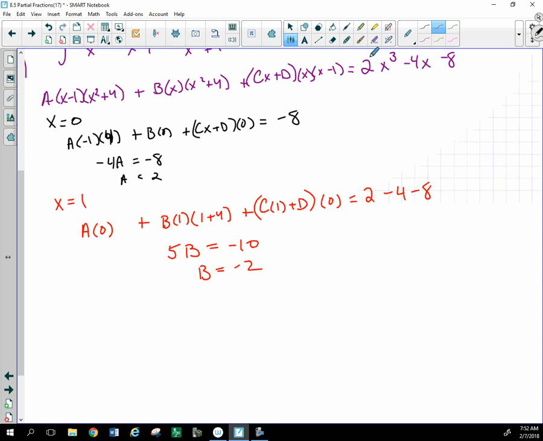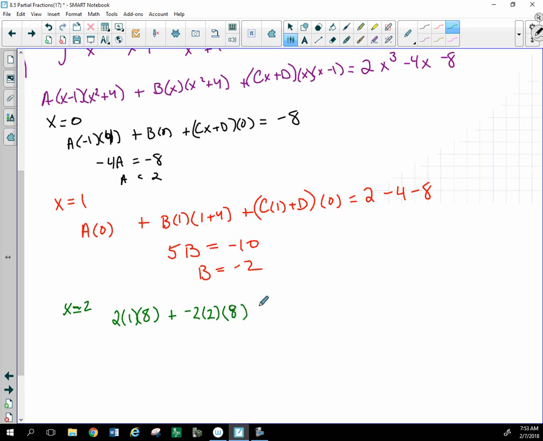If x is equal to 2, then I start substituting. It becomes a times 1, and I know a is 2, so I substitute in my a value. If I put 2 into the x minus 1, I get 1, and if I put 2 in there, I get 4 plus 4, which is 8. For the b value, b is negative 2, so it's going to be times 2 and times 8 again.